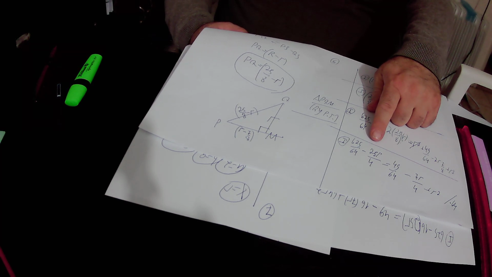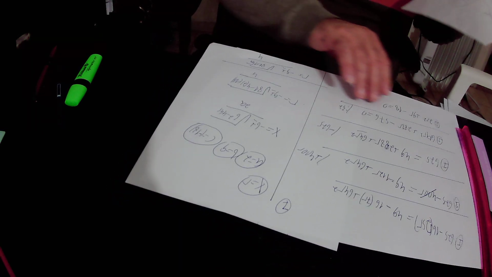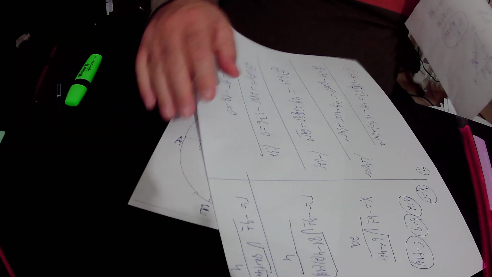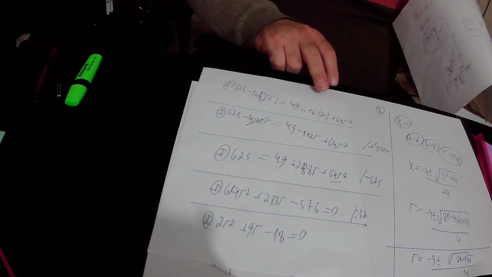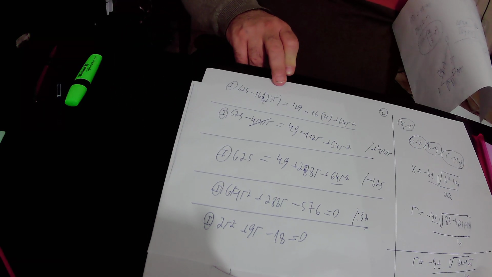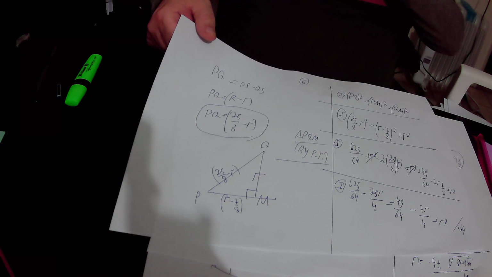So this expression will be equal to minus 16 times 25R. This expression equals minus 16 times 25R.